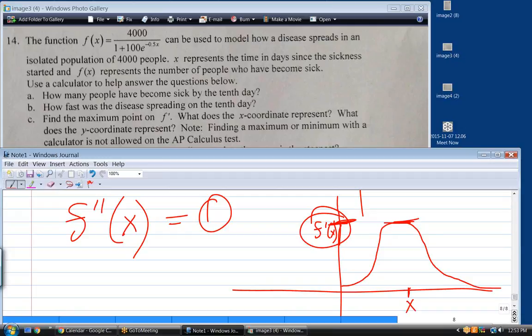Finding a maximum or minimum with a calculator is not allowed on the AP Calc test, which means you would not get this problem on an AP Calc test, because there's no way they are going to expect you to take the first and second derivative of that manually.